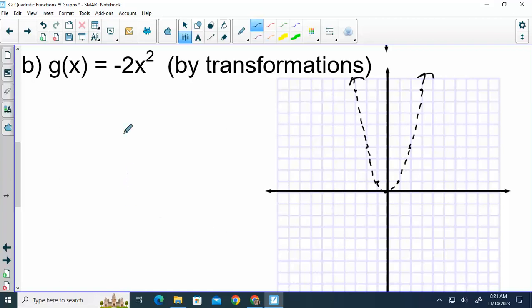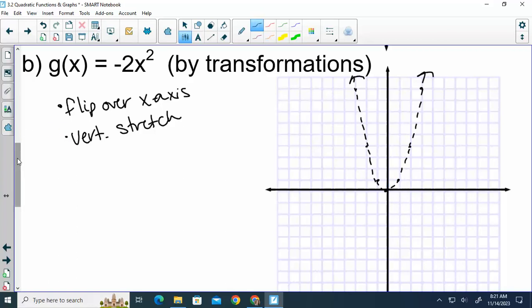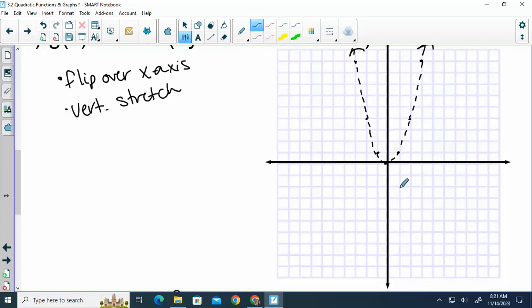What are my transformations? What will the negative do? What does the 2 do? So essentially you just need to take your y values times negative 2. 0 times negative 2 is still 0. 1 times negative 2 is negative 2. 4 times negative 2 is negative 8.